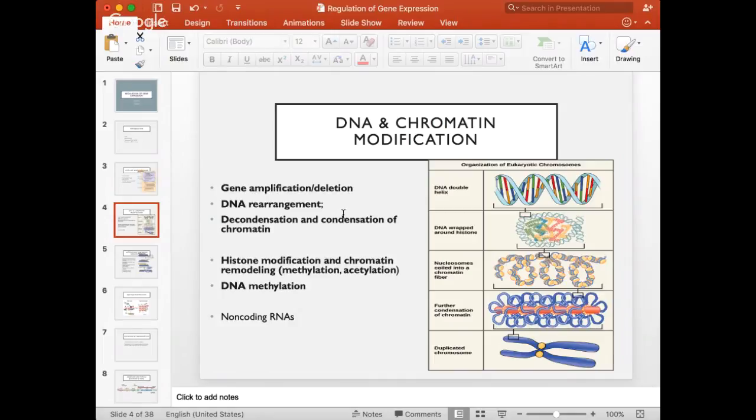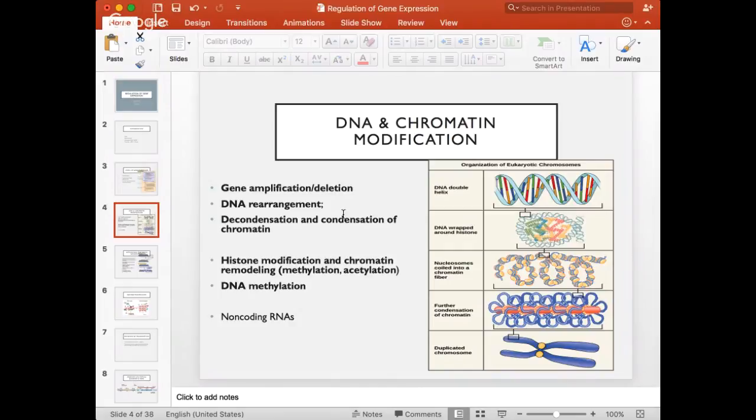Basically, when you rearrange DNA, you could arrange it in such a way that the enhancer and the promoter region come close to each other. When this happens, you could initiate transcription, because when the enhancer binds to the promoter region, it makes it noticeable for RNA polymerase to locate the promoter region and bind to it so that you could start transcription.